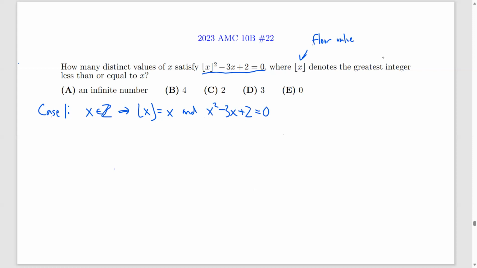Moreover, we need to check that the solutions to this equation are integers, because case 1 specifically requires that x is an integer. But it turns out that this is the case, as x squared minus 3x plus 2 can be factored as x minus 1 times x minus 2. So the integer solutions to this equation are x equals 1 and x equals 2.